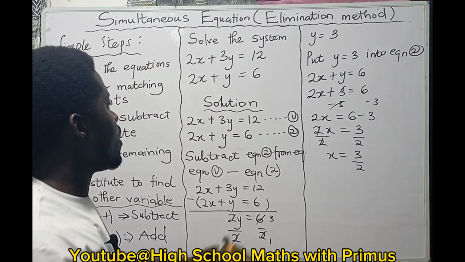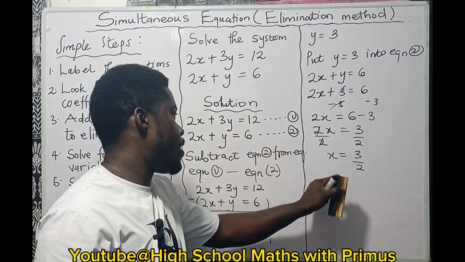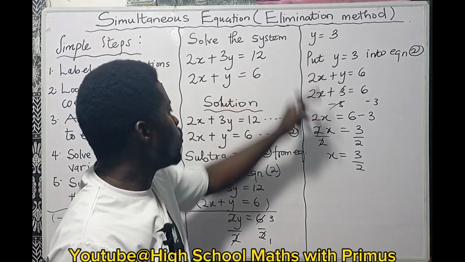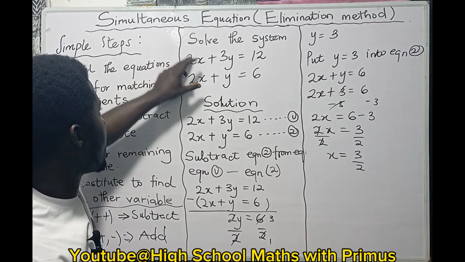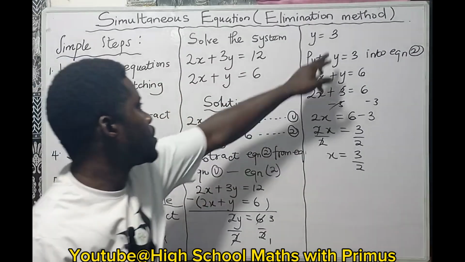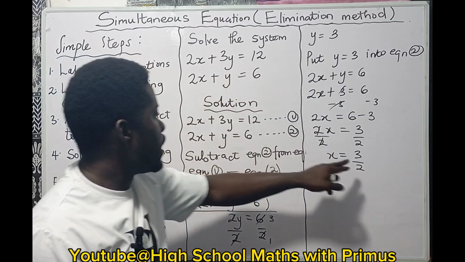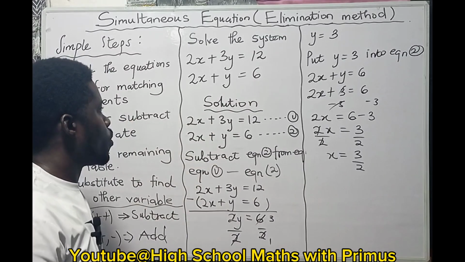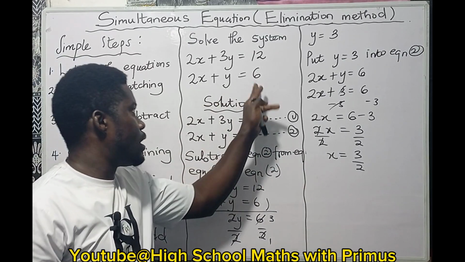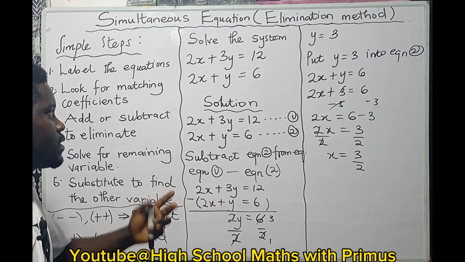So now we have the value of y and the value of x. These are the two values that will satisfy both equations. If I put 3 over 2 and 3 there, the answer has to give me 12. And if I put them in this one, they also have to give me 6. That's the meaning.